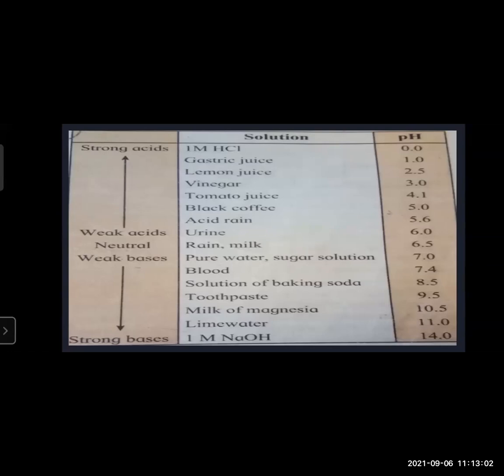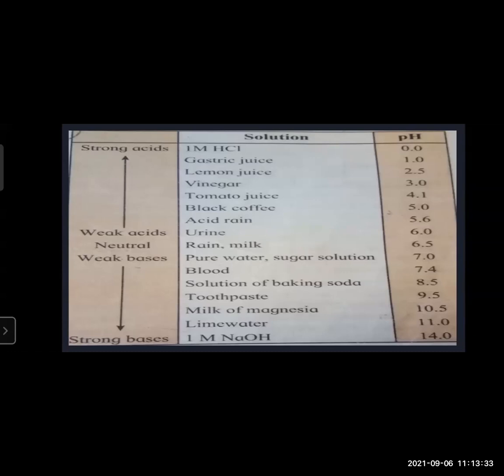Then in the middle, urine, rain, milk are neutral solutions. Weak acids are up, the neutral ones are rain, milk, and on the downside, from pure water, sugar solution, blood, they are all weak bases. And when you come further downward, they are strong bases. With the different examples, each one's pH is also given.